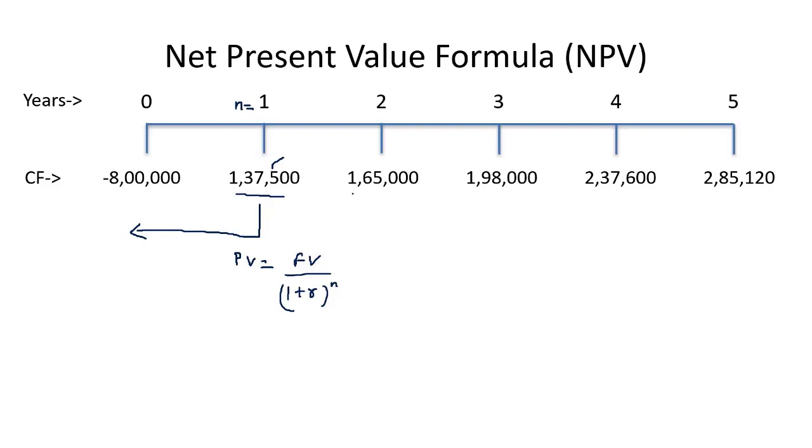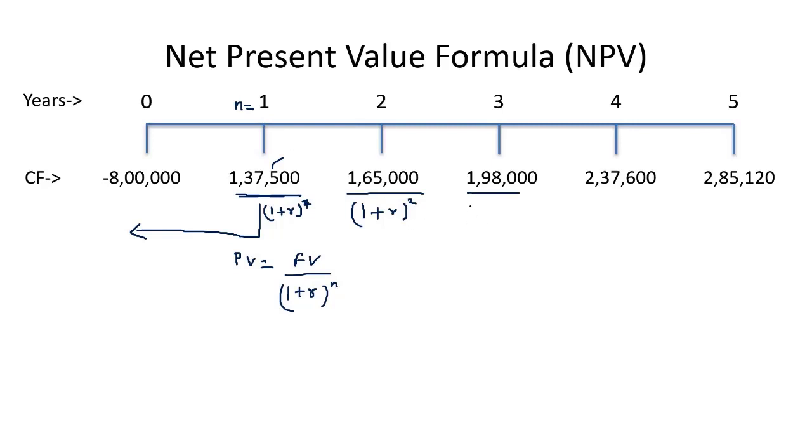Similarly, I will just put it here only. Since this is for the second year, it becomes 137,500 divided by 1 plus R raised to 1. Sorry, it will not be 2, it will be 1 in this case.